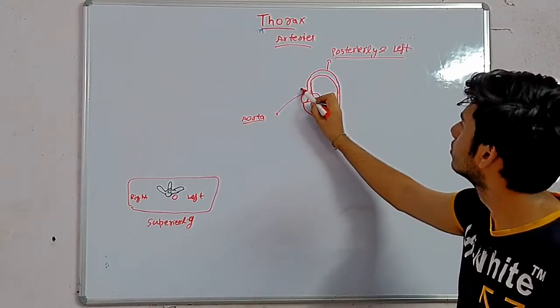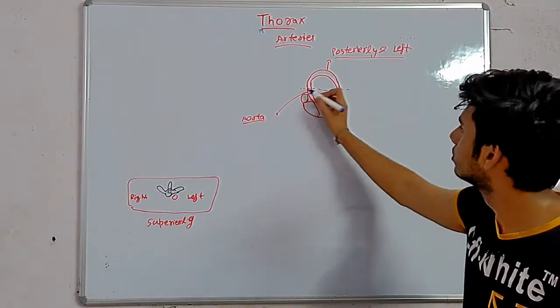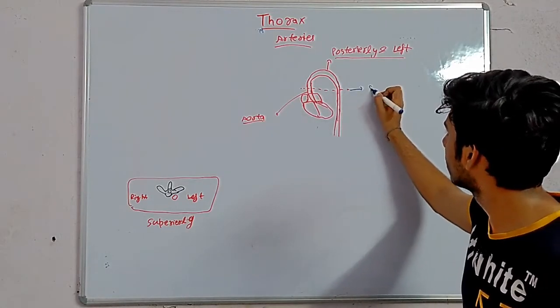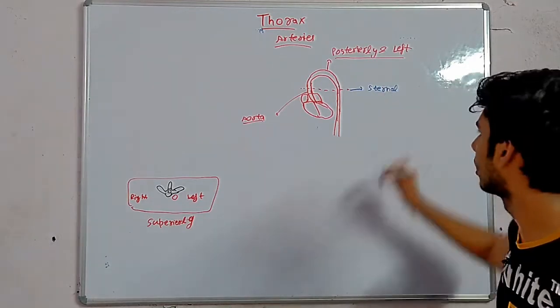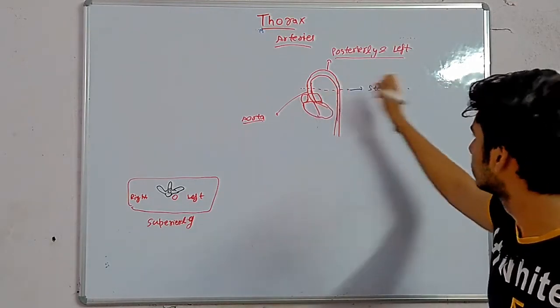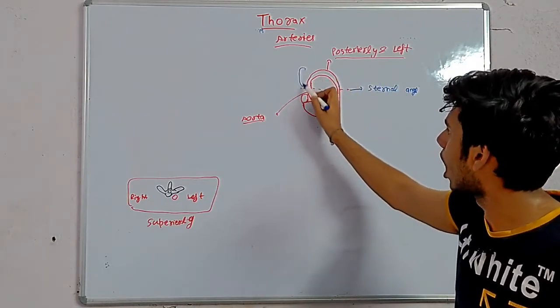Now this is the section. This is the sternal plane angle. This is the sternal angle, an important marking. This whole part is the arch of aorta.